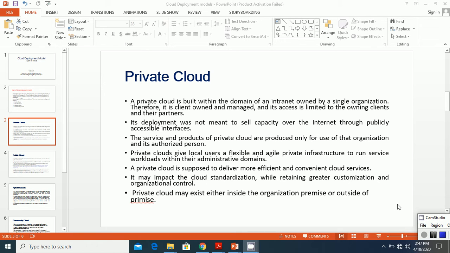And when we are talking about the deployment model of the cloud, we are talking about the server.